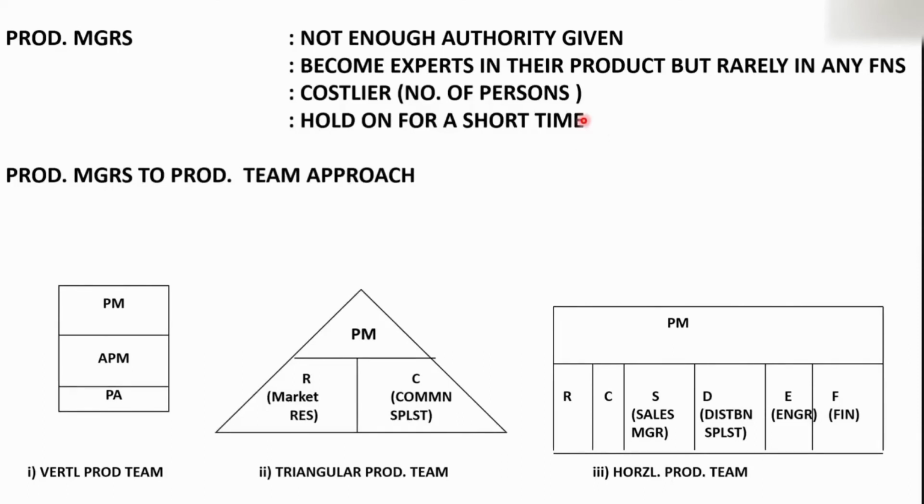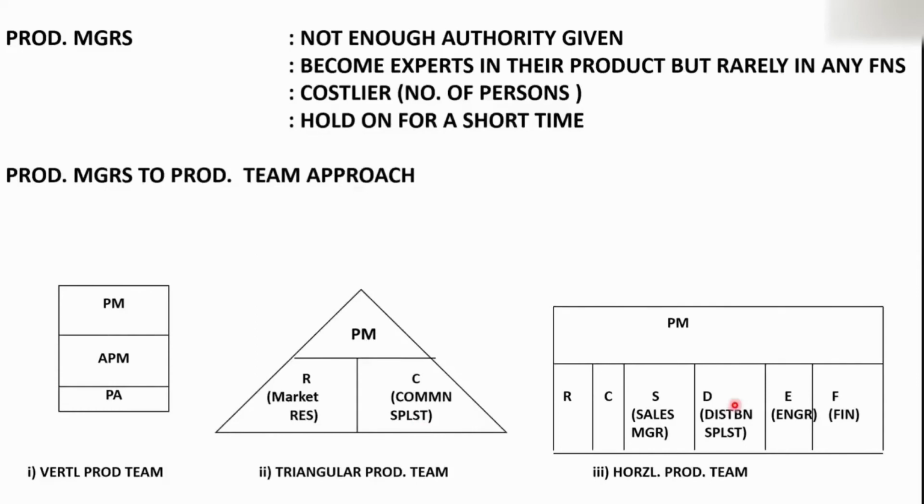So in order to have a cushion, instead of one product manager you can go to a product team approach, where you have a buffer coming in the form of the assistant product manager or the product assistant in the vertical product team. In the triangular product team, it can be the product manager, and under him the market research person and communication specialist.